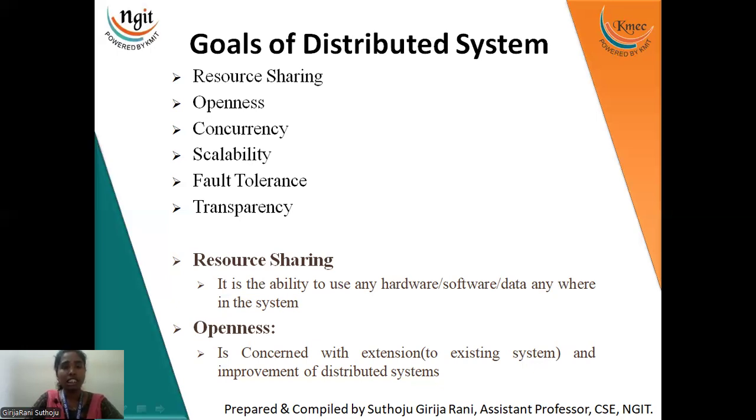The third one is concurrency. Coming to concurrency, this will be divided into 2 categories. One is that at the same level, we should provide all the services to the users. If one user is writing some content, and in parallel another user is reading the same content, the existing content should be given to the reading user.